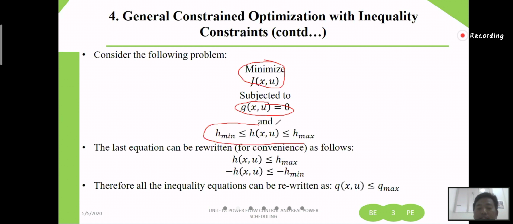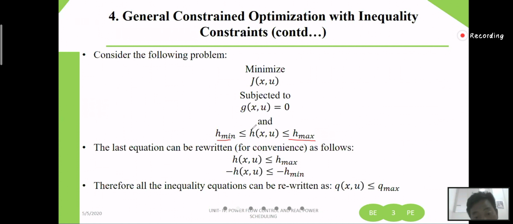So this one is the general representation of how we can carry out the optimization with inequality constraints. We will consider the equality constraint as well as the inequality constraint. The inequality constraint is given by a certain minimum and maximum value, right?